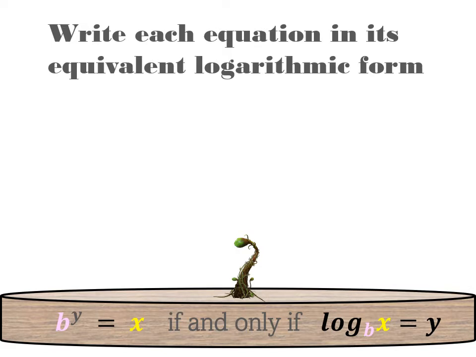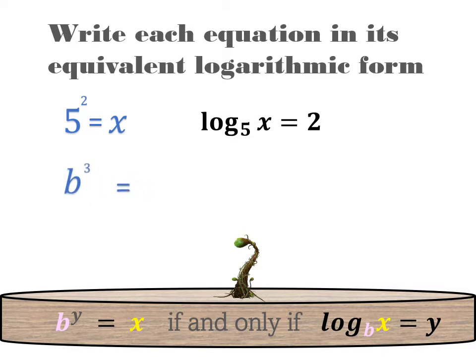Now we have more examples. Keep in mind, we need to write now in this slide each equation in equivalent logarithmic form, and we're using the formula b to power y equal x. So this is equivalent to log base b of x equal y. So the first example we're gonna see, if we have 5 squared equal x, so that's the same as log base 5 of x equal 2.